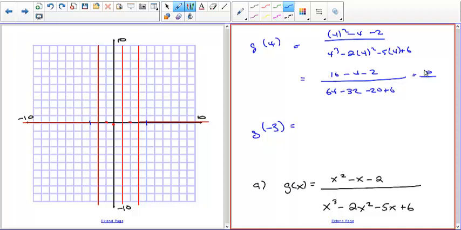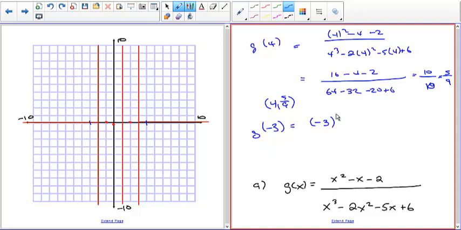And then we have 64 minus 32, which is 32. 32 minus 20 is 12. 12 plus 6 is 18. That simplifies down to 5/9. Okay, so we've got a point 4, 5/9.